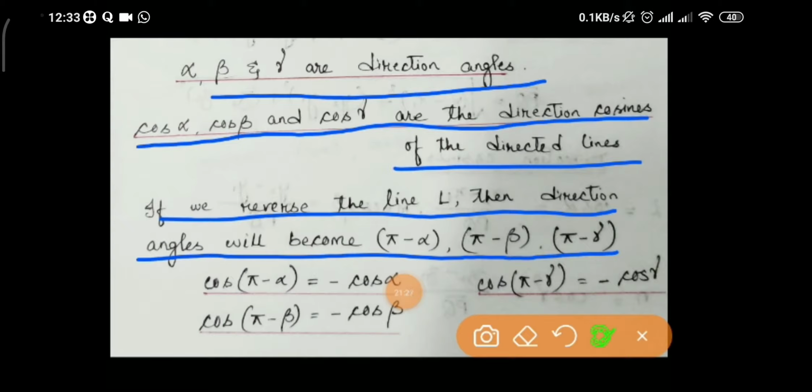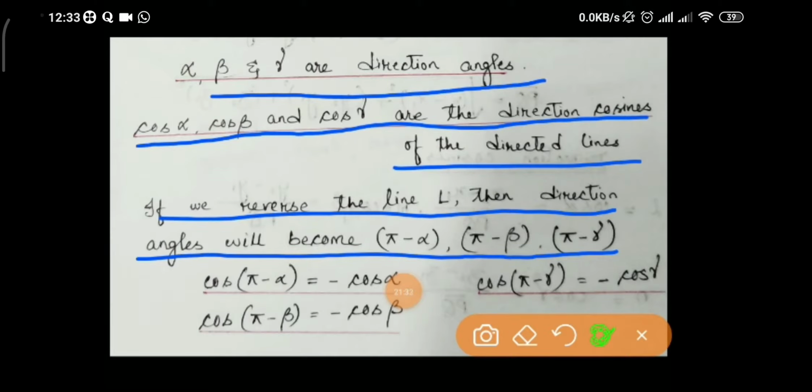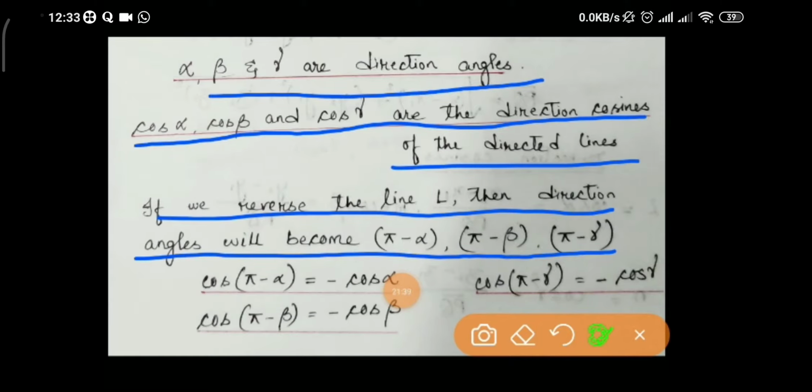So when I take their cos, I hope you know from class 10 and 11, cos of pi minus alpha will be minus cos alpha, since this falls in the second quadrant. There pi means even number of 90s, so cos will not change, cos will remain cos.